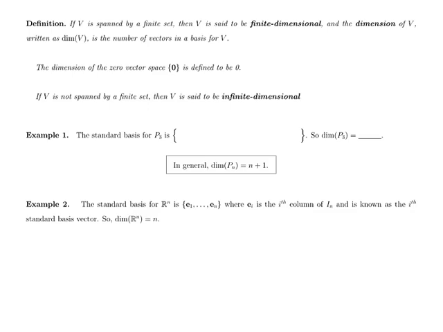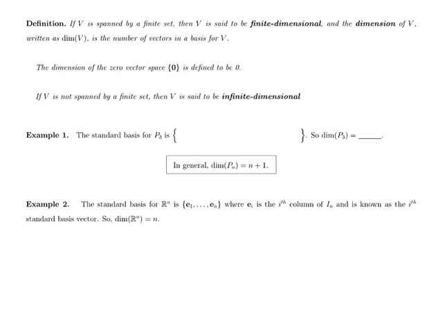So if V is spanned by a finite set, meaning a basis has a finite number of vectors, it's said to be finite dimensional. And the dimension of V, written as dim of V, is the number of vectors in a basis, which we just showed has to be unique to that vector space.